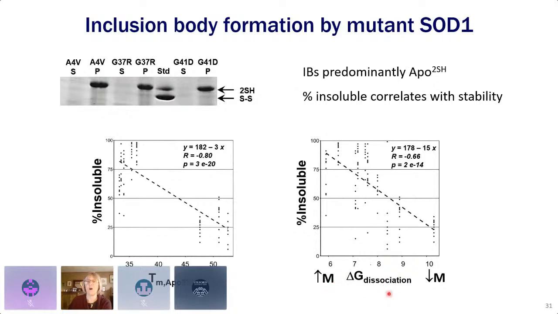So this is now with the disulfide intact; when it's formed, the apoprotein tends to dimerize. And so we measured its dissociation. And we found that as dissociation becomes more favorable and we have more monomer formed, we have more insoluble protein. That's kind of interesting because, of course, we're looking at reduced apo, but we have other data that suggests that mutations' effects propagate to the interface, and maybe the interface is just messed up.